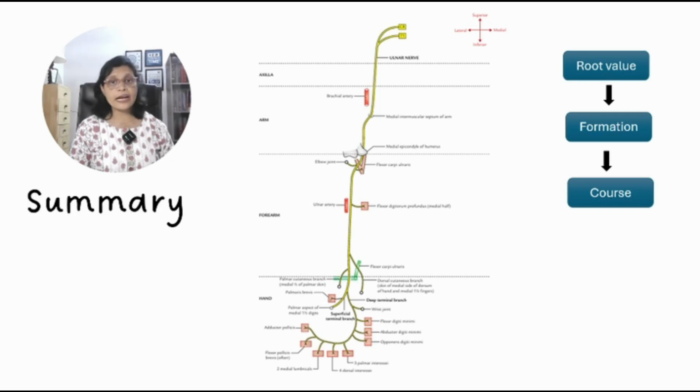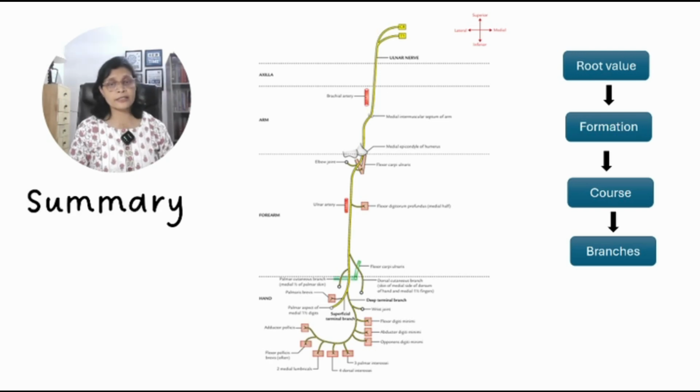of flexor carpi ulnaris. So in the proximal part of the forearm, it will give two branches, one to flexor carpi ulnaris, and also it supplies the medial half of flexor digitorum profundus. In the mid forearm, it gives the palmar cutaneous branch, which supplies the skin over the hypothenar muscles.